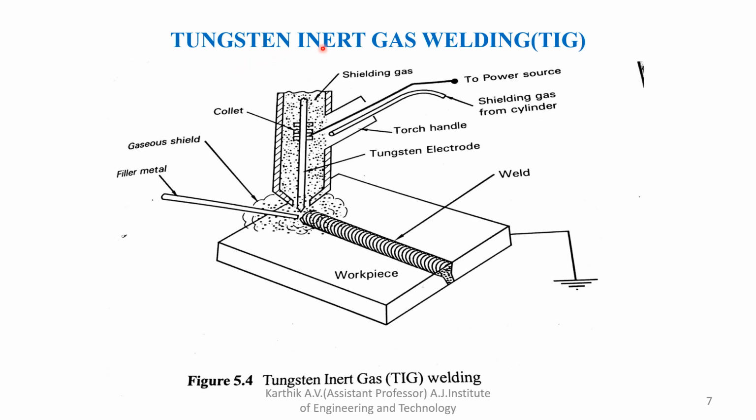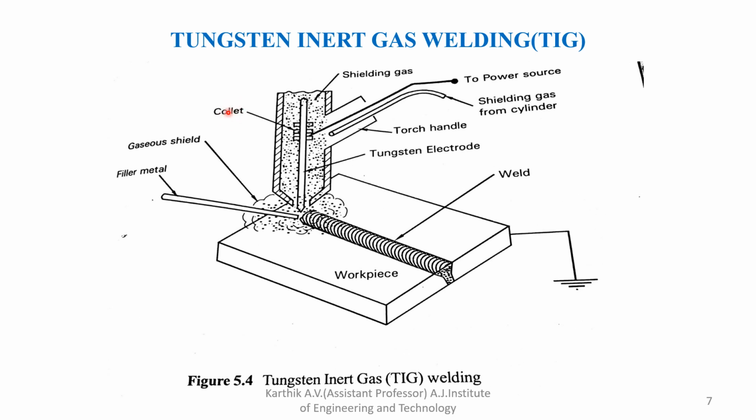This electrode is connected to the electricity, that is, a step down transformer. The negative terminal is connected to the workpiece and the positive terminal is connected to the electrode. But here a non-consumable electrode is used.